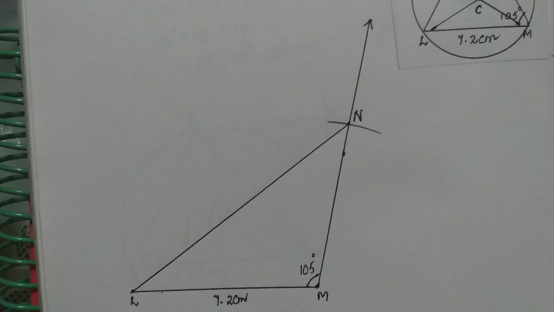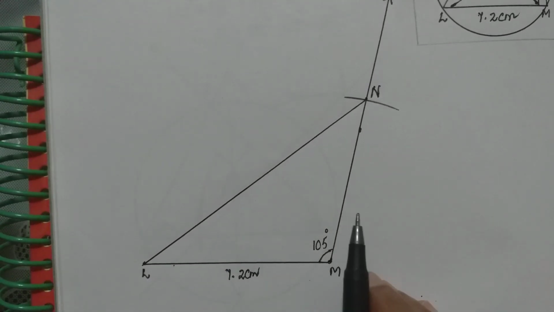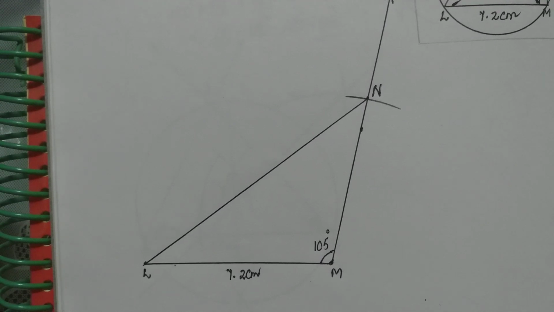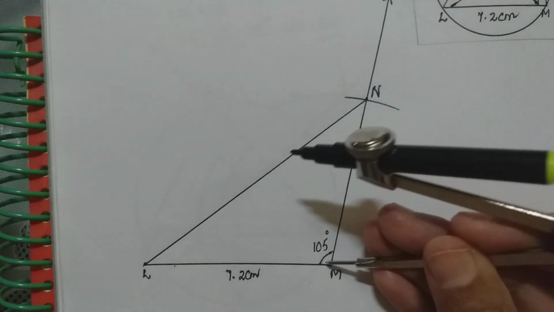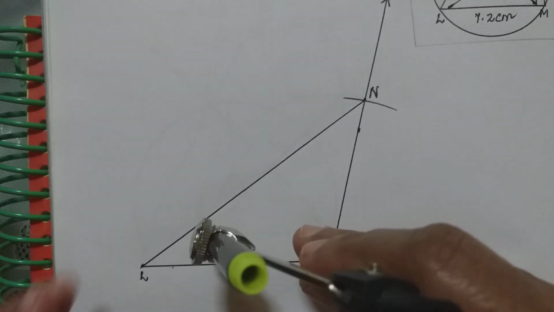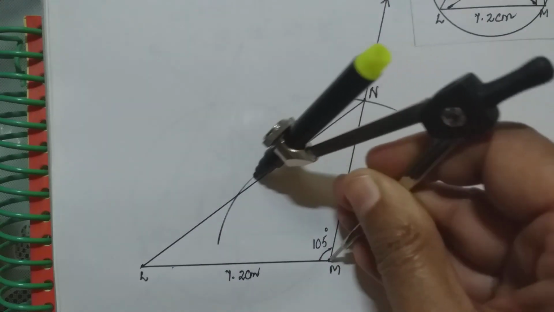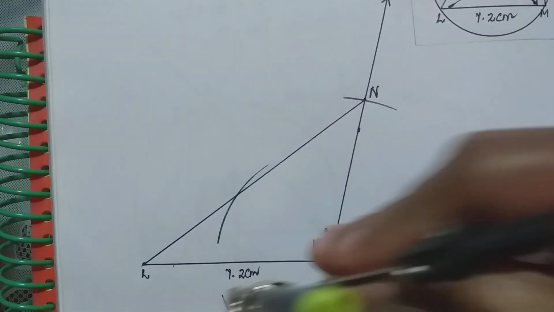So once we finish the construction of the triangle, now we have to draw the perpendicular bisectors. So let us construct first the perpendicular bisector of this side LM. So we have to take a radius more than half of LM and draw arcs above and below the line segment.